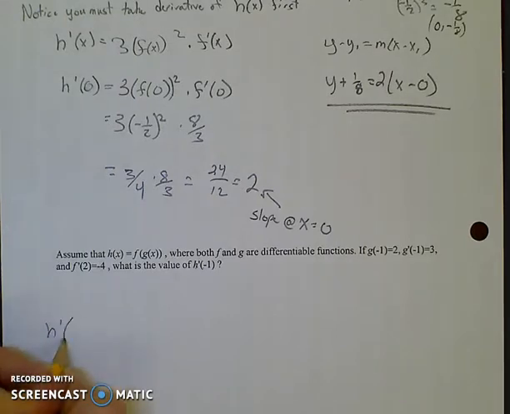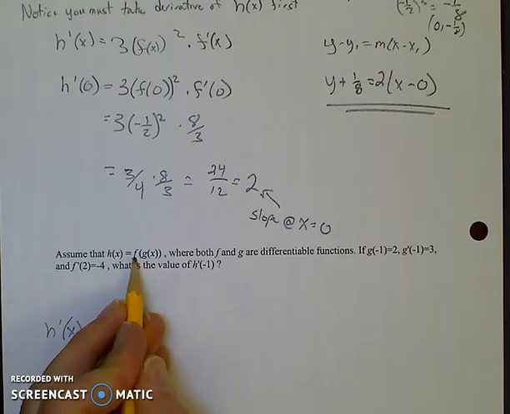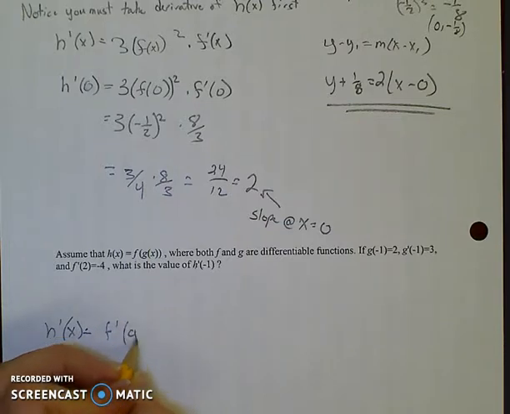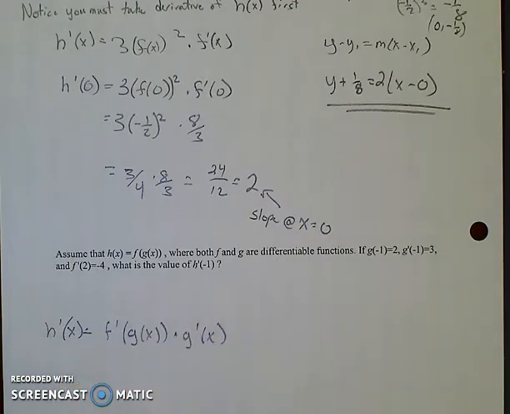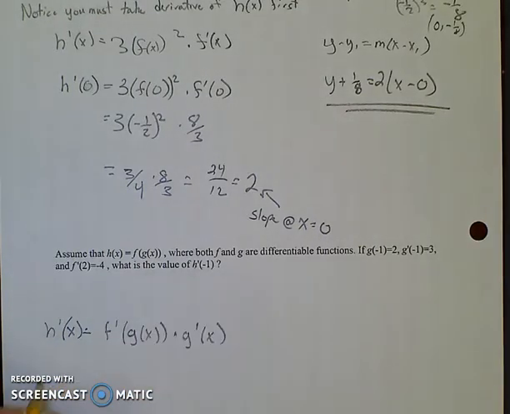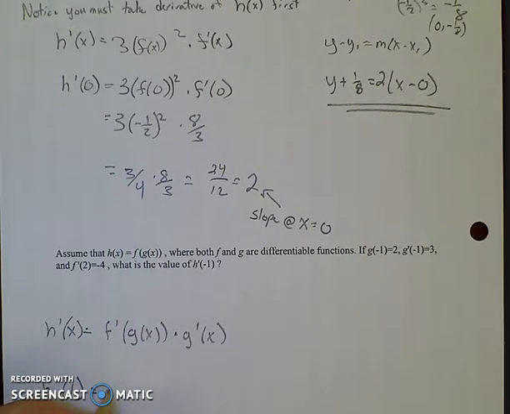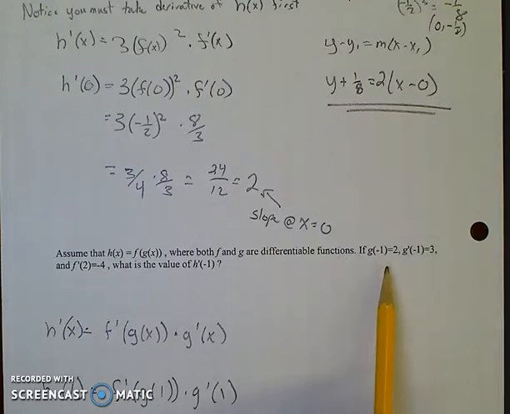So h prime of x equals the derivative of the outside, f prime, keep the inside the same, multiplied by the derivative of the inside, g prime of x. And now we just need to know h prime of negative 1. So h prime of negative 1 is f prime of g of negative 1, see wherever there's an x, you plug in negative 1, times g prime of negative 1. You need to know g of negative 1 is 2.